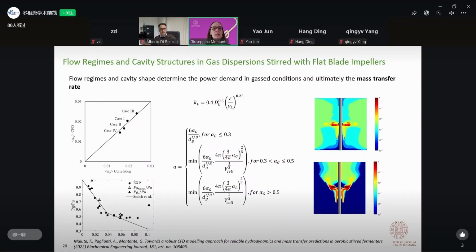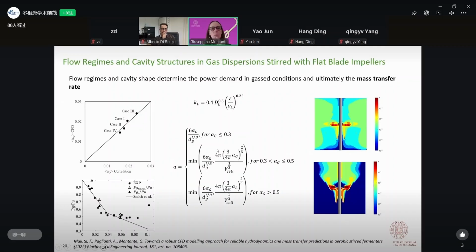As for the kLa in detail, we can of course predict kL as a function of the turbulent dissipation rate based on the literature correlation. We can go to calculate in an approximate way the interfacial area between the gas and the liquid phase.